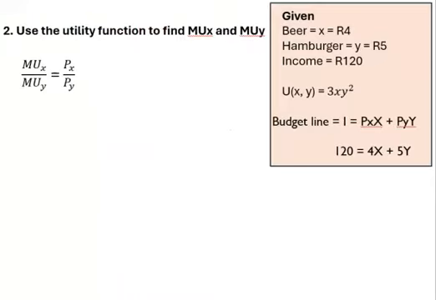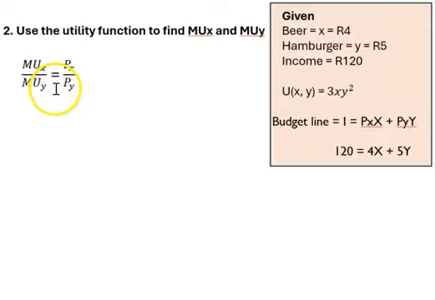The second thing that we look at, given that we've already determined the budget line and we know what we are given, is that we use the utility function to find MUX, marginal utility of x, and marginal utility of y. And we know that MUX divided by MUY equals PX over PY.